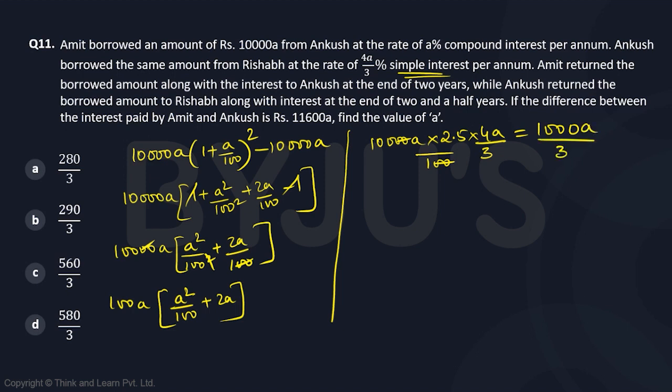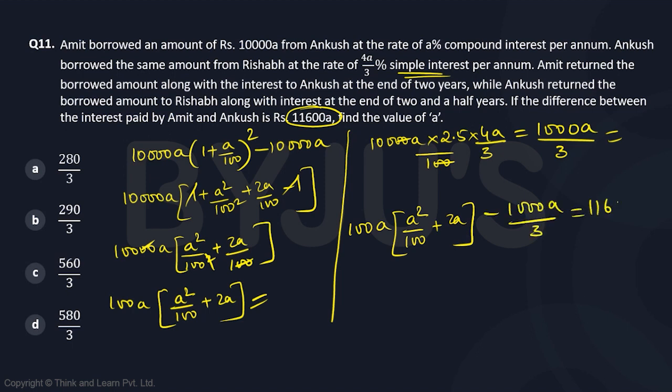Now they are saying the difference between these two values is this value over here. So now write the difference. So this is going to be 100A into (A square by 100 plus 2A) minus 1000A by 3 is 11600A.